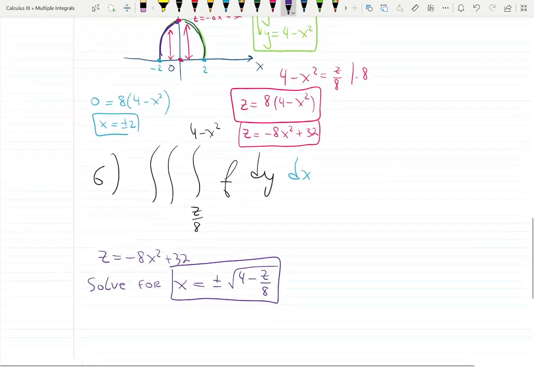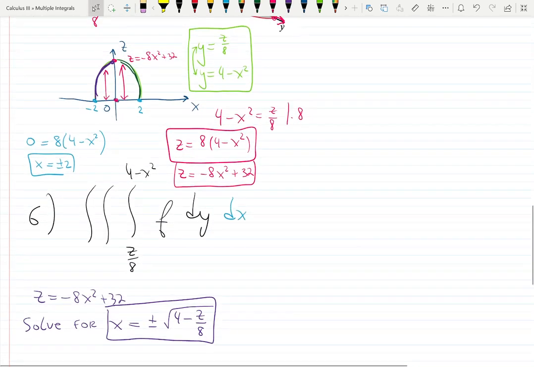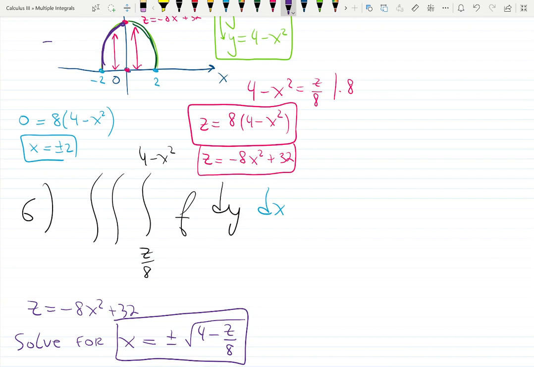So visually it looks like so. X is changing from minus square root of 4 minus z over 8 to plus square root of 4 minus z over 8. Like so. Finally, dz.